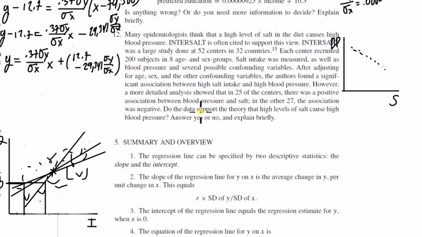The fact that there's a negative association in 27 of the centers, that's how they could try and deceive people by just making a general statement that the authors found a significant association between high salt intake and high blood pressure. So how could they say this?